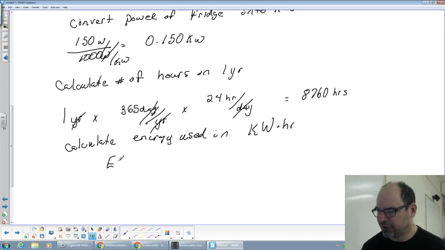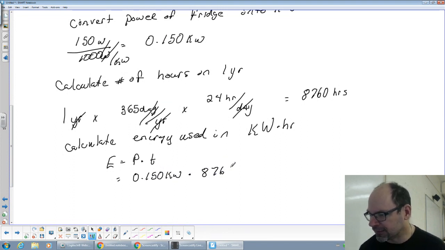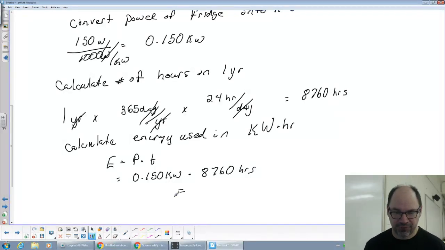Energy equals power times time. In our case, the power was 0.15 kilowatts times 8,760 hours. So 0.15 times 8,760 gives us 1,314 kilowatt hours. That's how many kilowatt hours we're going to consume with our fridge.